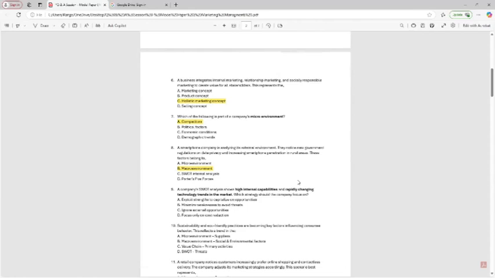What it says: a company's SWOT analysis shows high internal capabilities and rapidly changing technology trends in the market. So I highlighted two very important parts: high internal capabilities and rapidly changing technology trends in the market. Which strategy should the company focus on?